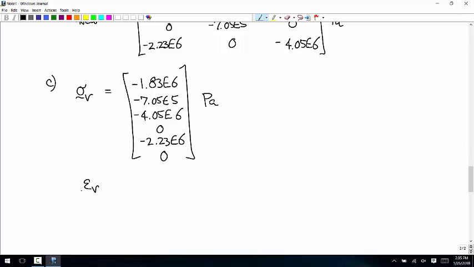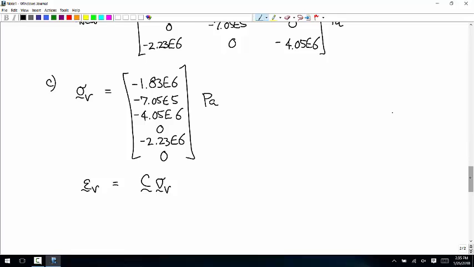And then the Voigt strain is just the compliance matrix times that Voigt stress. That's the strain in the new rotated coordinate system. So anytime you want to transform the coordinate system, you need to do it through stress and then recalculate the strain once you're in that new coordinate system.